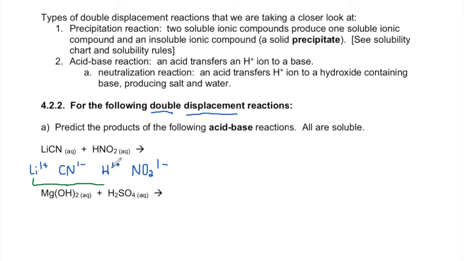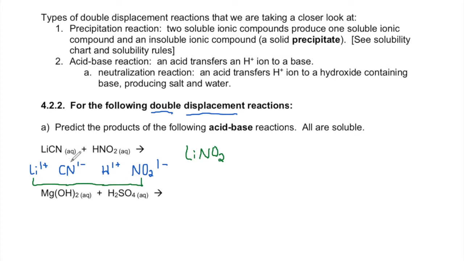Lithium cannot partner with hydrogen because they're both positive. That would not make a neutral compound. So lithium has to partner with the nitrite ion. So one of our products could be lithium nitrite. And let's make sure we write the formula correctly with balanced charges. One of each is okay, so here we have lithium nitrite.